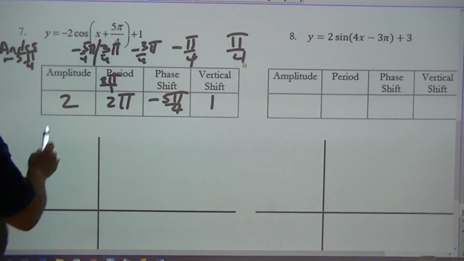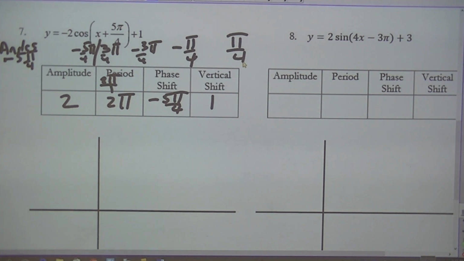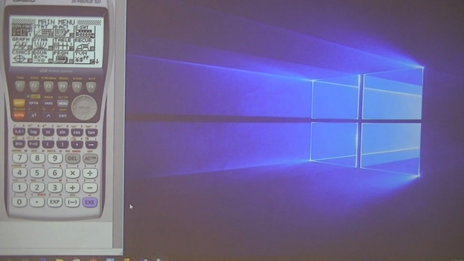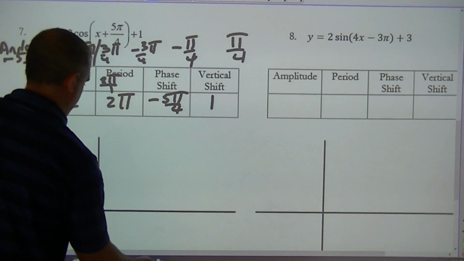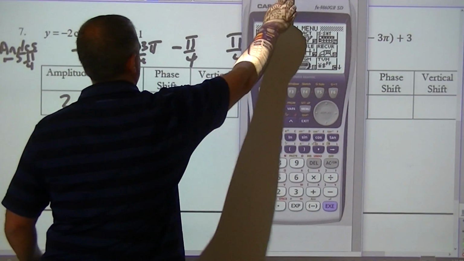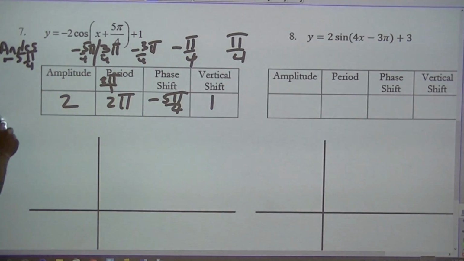My values: what I'm going to do with my values is multiply them by negative 2, and then add 1.